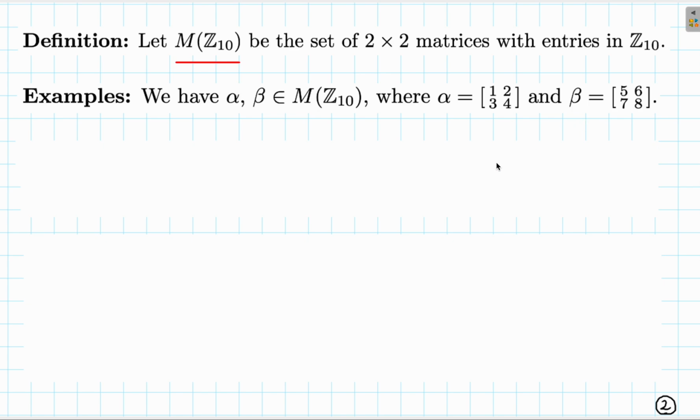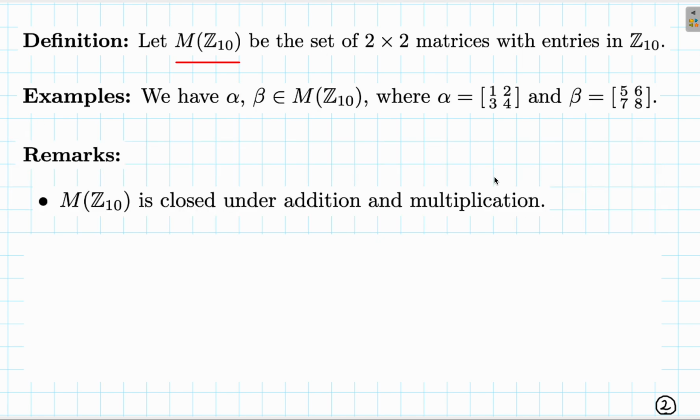Now just a few remarks about this set M of Z10. First, it's closed under addition and closed under multiplication. In other words, when you take a pair of 2 by 2 matrices and add them together, you still get a 2 by 2 matrix. Likewise for multiplication, and we saw that in the previous slide.